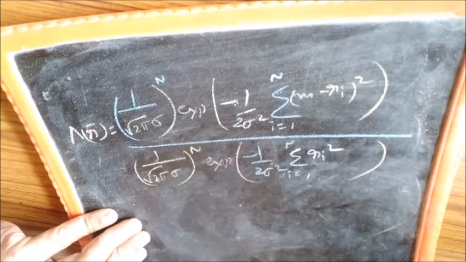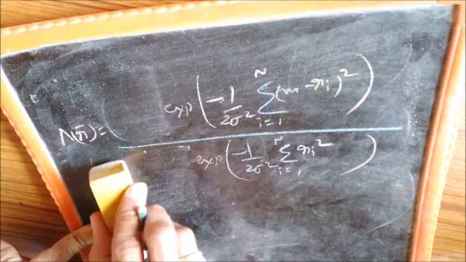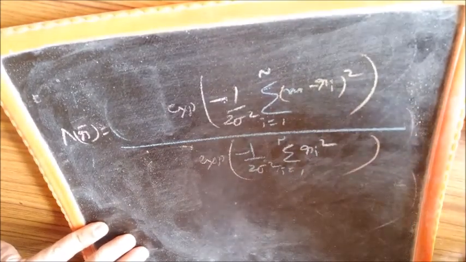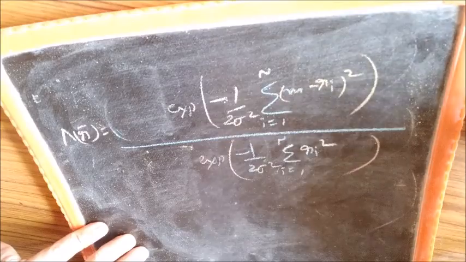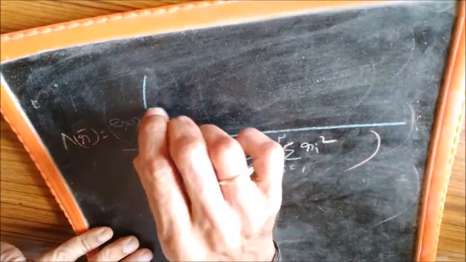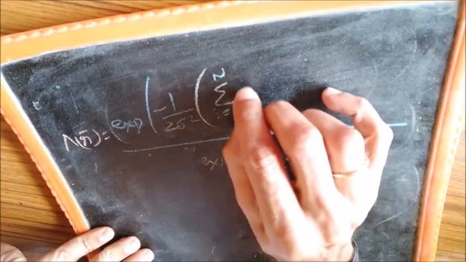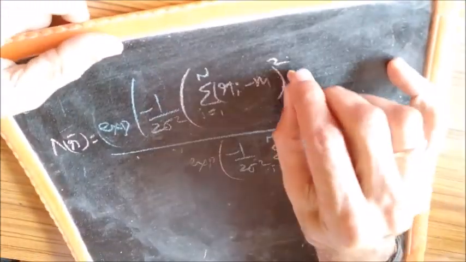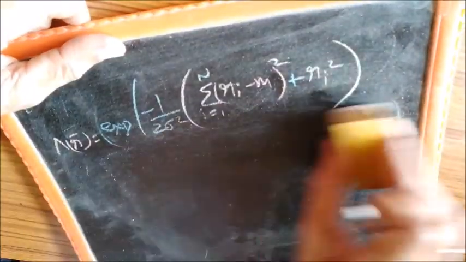Now you can see that the constant gets cancelled, this gets cancelled, and we can bring this in the numerator, and using the law of indices we can add the exponents, and this is the result of that manipulation.